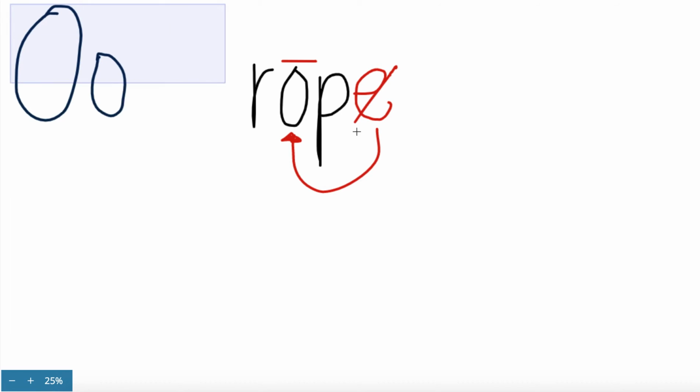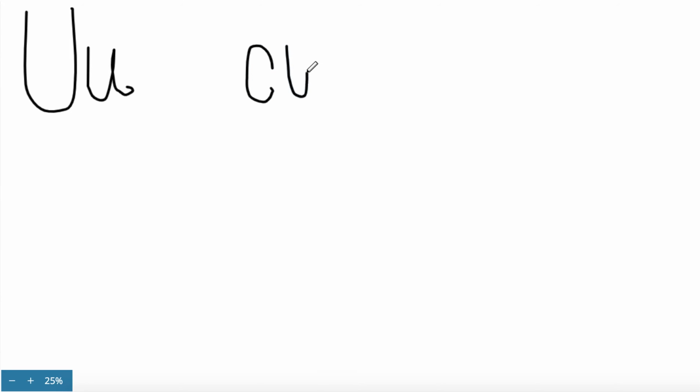And our last vowel is the wonderful U. That's an easy one to write. Okay, so here, let's write a word. C, U, T. Lowercase, because we're using lowercase.